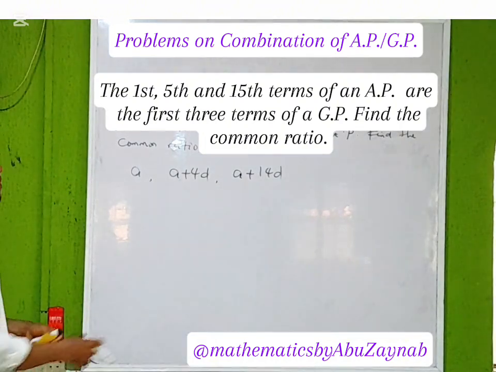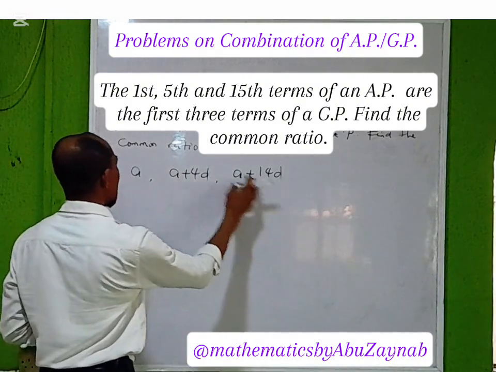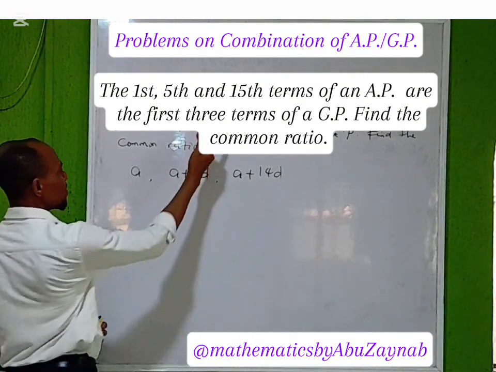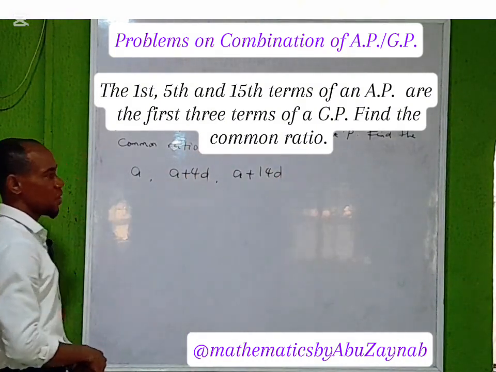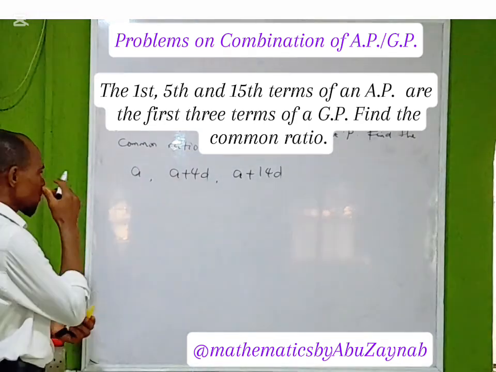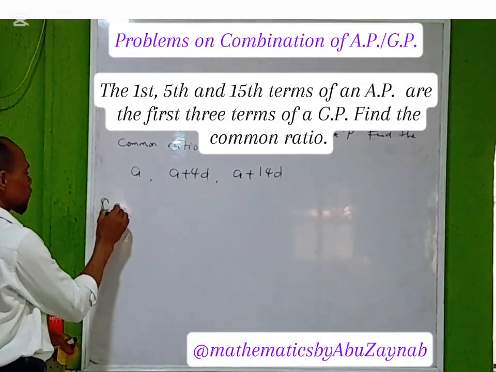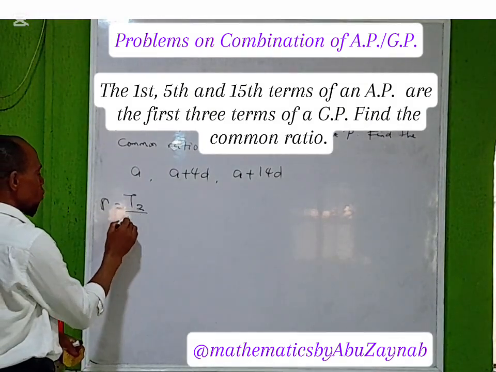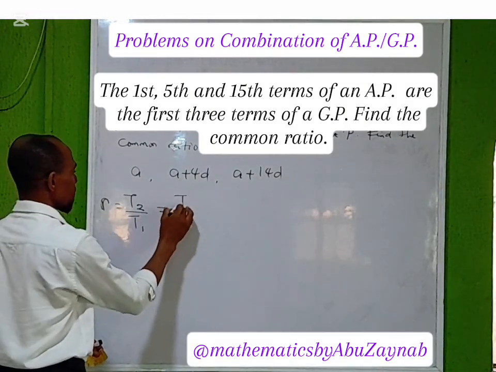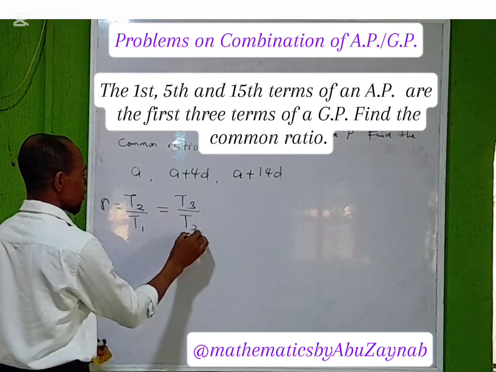But here we are told that these terms actually double as the first three terms of a GP. And we know for a GP that the test is simply r, which is the second term over the first term, which is also the third term over the second term.